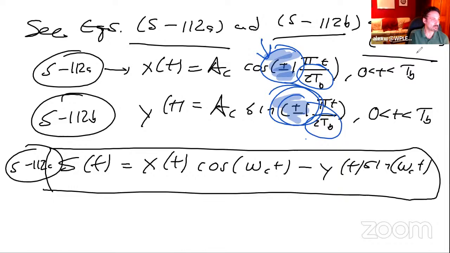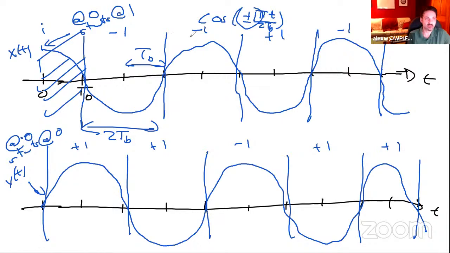So if we do it this way, with this plus 1, minus 1 stuff, if we have a minus 1 cosine, what are we doing? We're going through this cycle, and the same thing is happening at the other end.